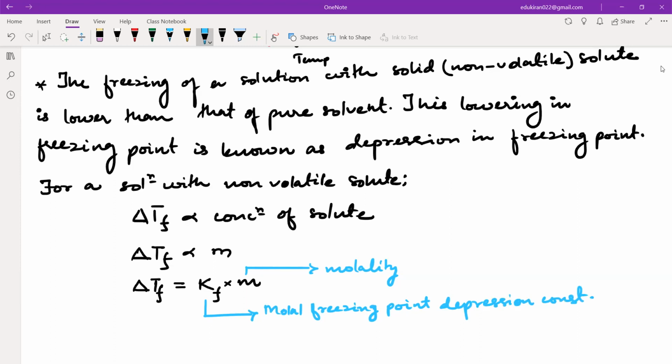It is the cryoscopic constant, or also known as the molar cryoscopic constant. What is delta TF? Delta TF is T naught F minus TF.